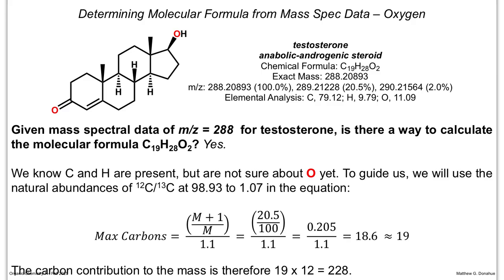So again, by using that formula, again, the percents, not the masses, that allows us to calculate the exact number of carbons present. We can then figure out the mass contribution of carbon, and then we're narrowing it down to what are the ratios of hydrogen to anything that's remaining.